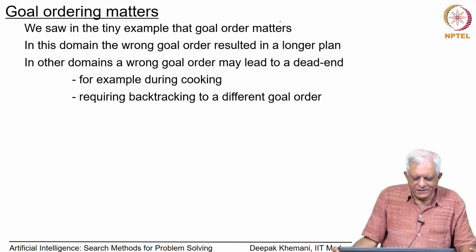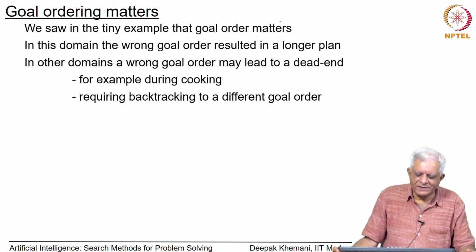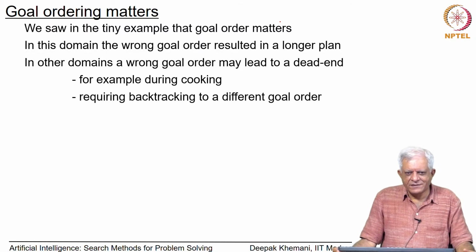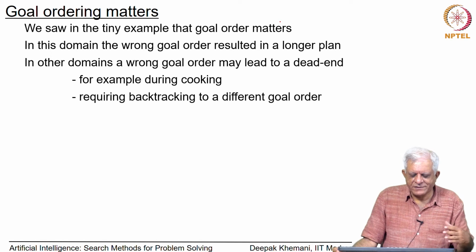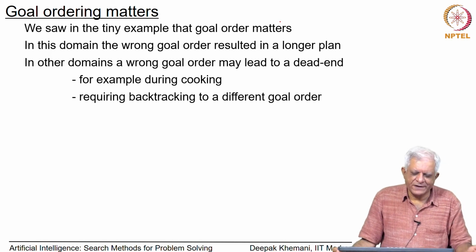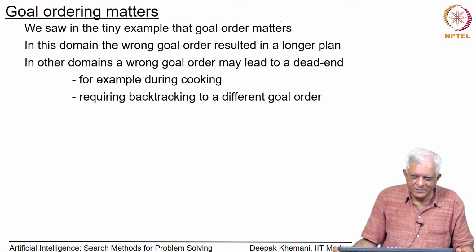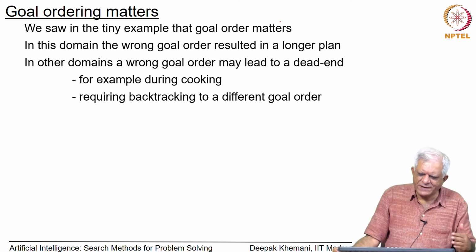So, for example, you first boil the water and then you add tea if you want to make tea, and typically you do not do it in the reverse order. So, I know people who first add tea leaves and then boil the water, but that is not the recommended way of making tea, and you may reach a dead end of something.